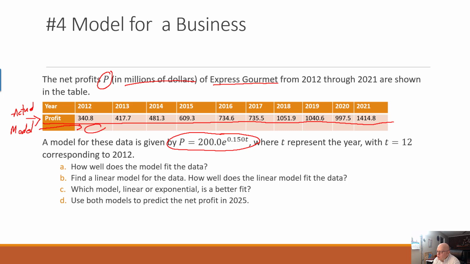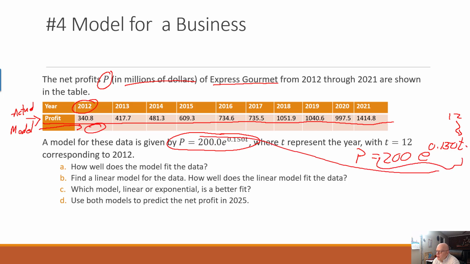So for this one right here, you're going to take this model, P equals 200 e to the 0.150t. For this one, t equals 12. So you put a 12 in where this t is, and you'll take the result and put it in there.